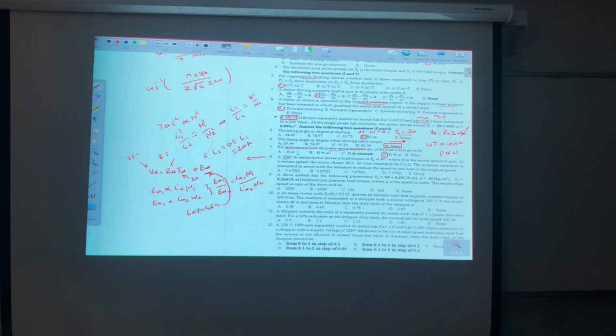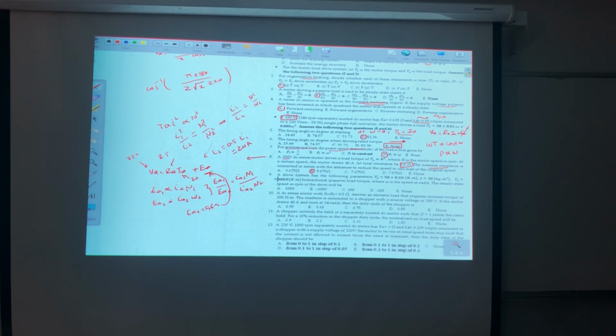So from here I will find R total, and I will subtract from it 160, because I'm asking about the external resistance. If I do the math, the answer will be B.